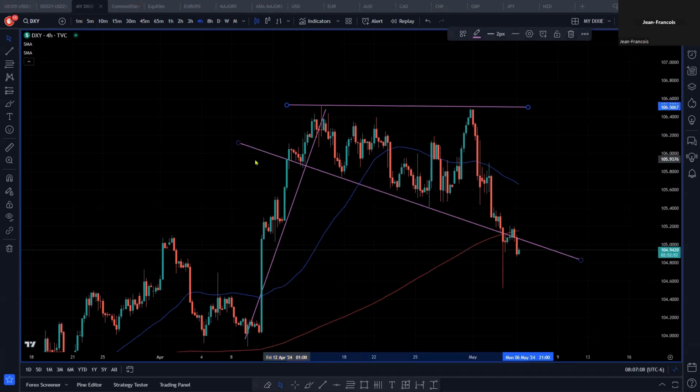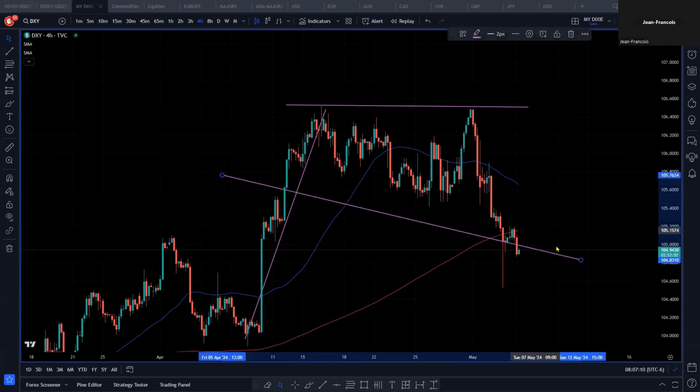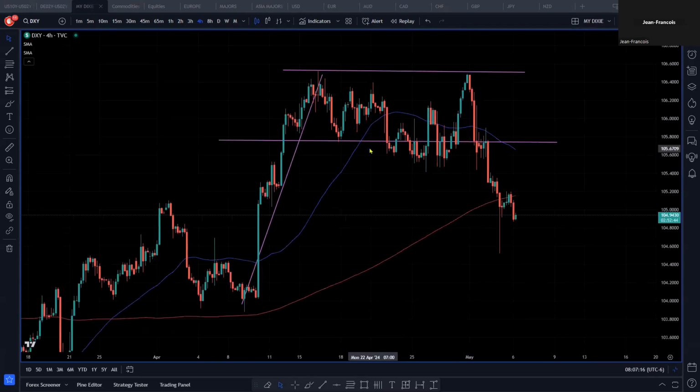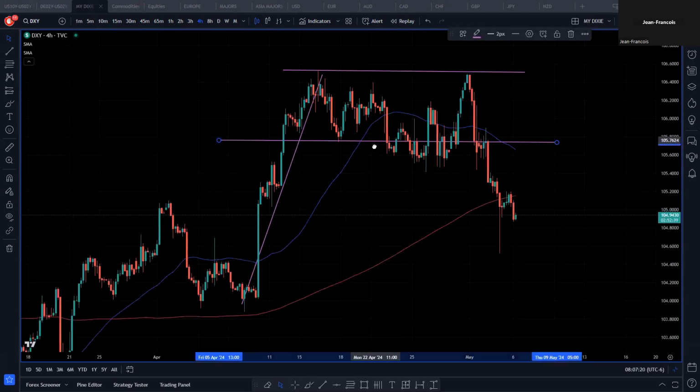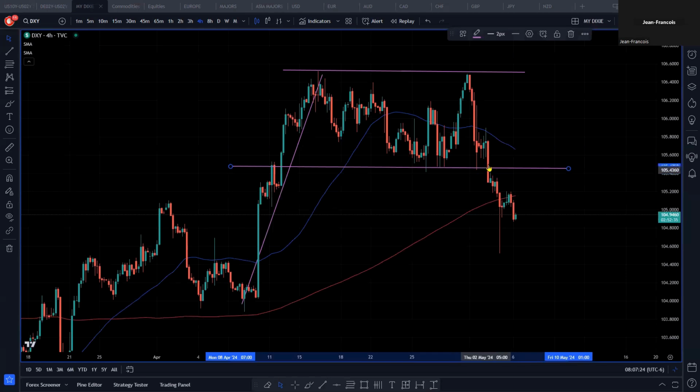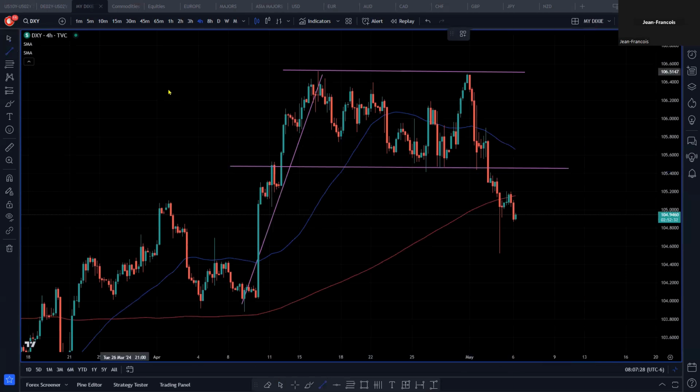If this is a double top, then we were in a range. In order to create this double top, we had to be ranging. And if that's the range, then this is where we broke the range. Let's measure this.